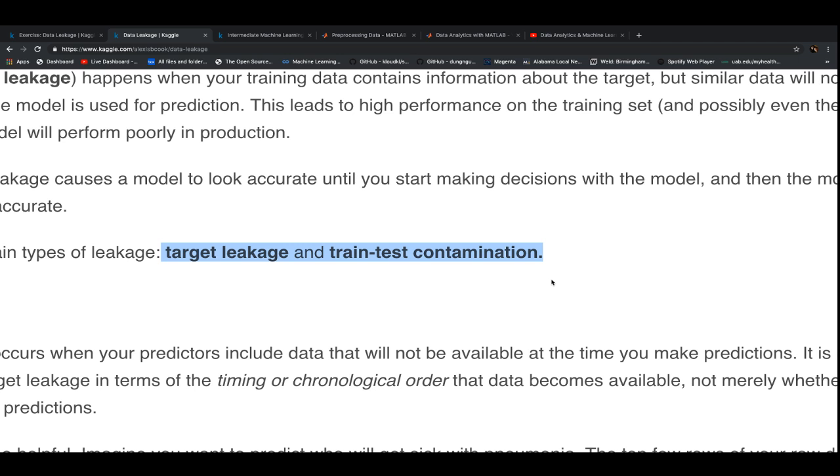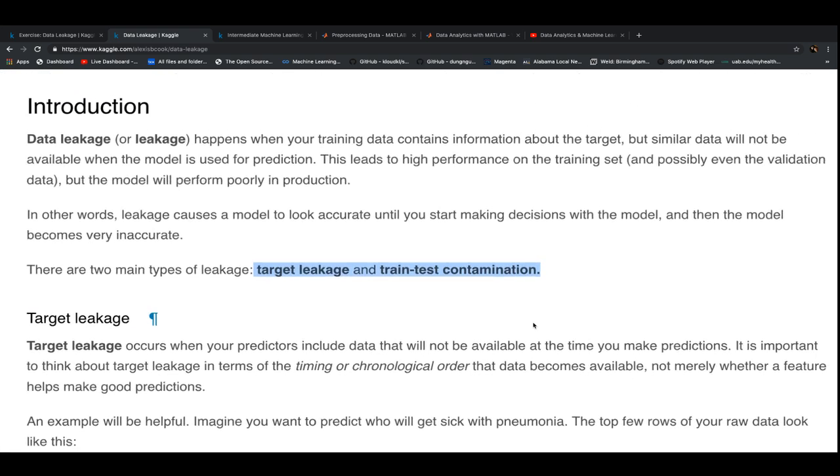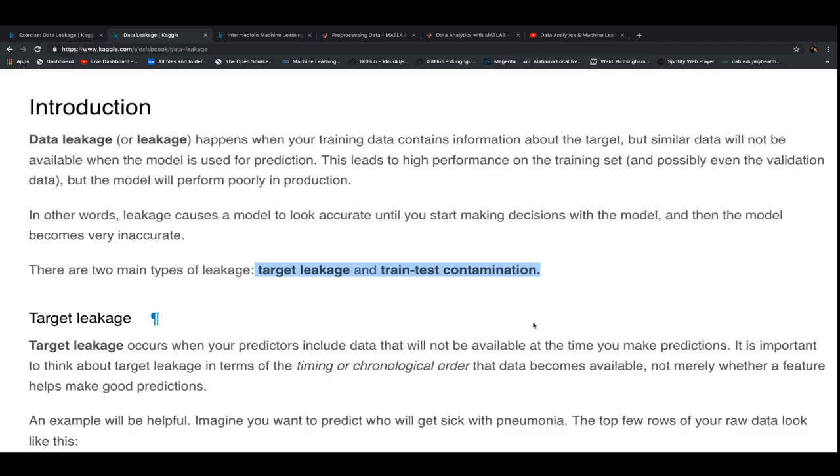Your validation accuracy would be very high, but once you try to implement your model in a production environment, in a place for which you were actually creating that model, at that place it will start failing.